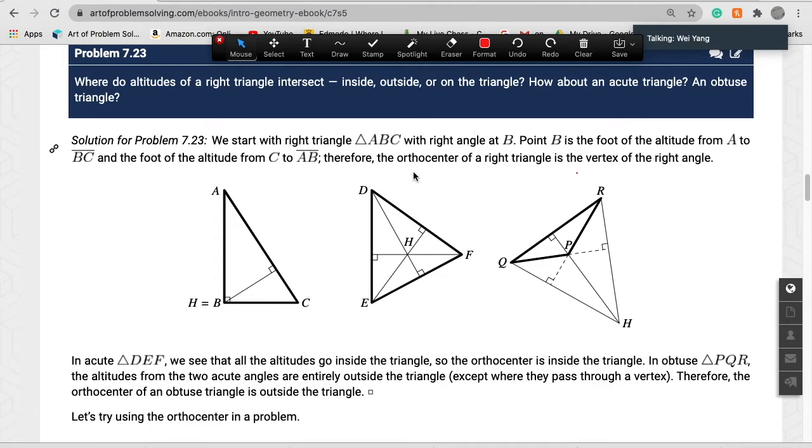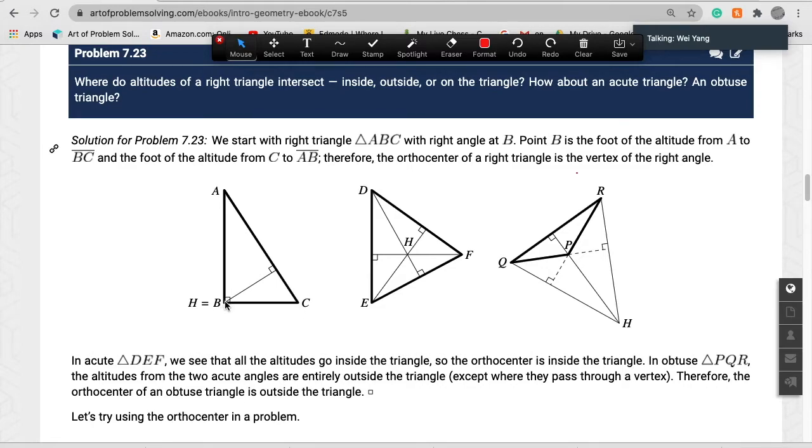For a right triangle, AB is already the altitude to BC, right? Because these two legs are perpendicular to each other. So if you draw an altitude from A to BC, it overlaps with AB. If you draw an altitude from C to AB, it overlaps with BC.